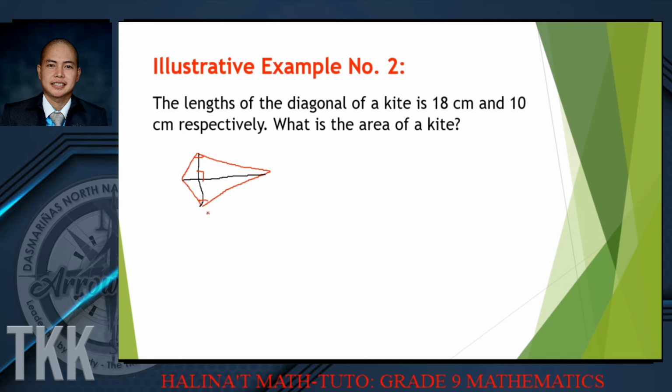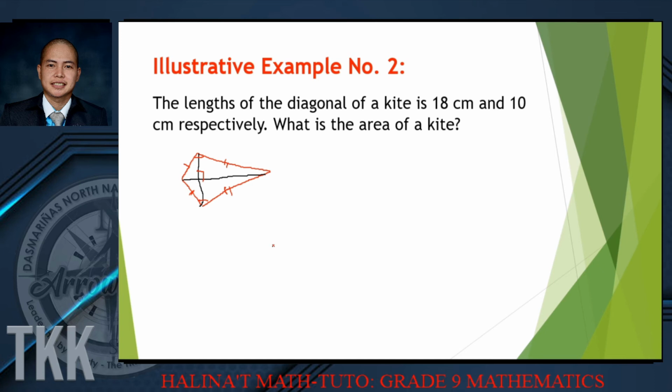And then, one diagonal forming two congruent triangles. So this is it. Also, the distinct adjacent sides are congruent.